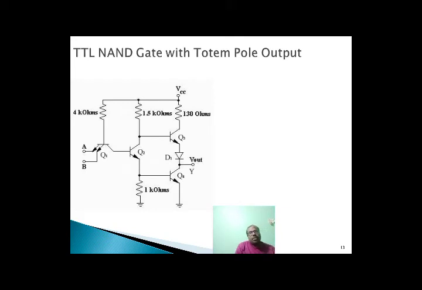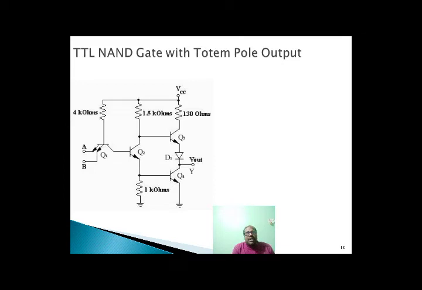In this there are 4 transistors Q1, Q2, Q3, Q4 and 4 resistors R1, R2, R3 and R4 and one diode D1, and 2 inputs A and B connected to the emitters of the transistor Q1, and a collector supply voltage VCC, as well as 2 grounds also present here, and one output Y.